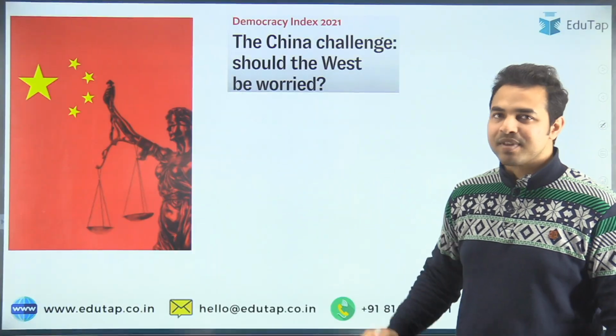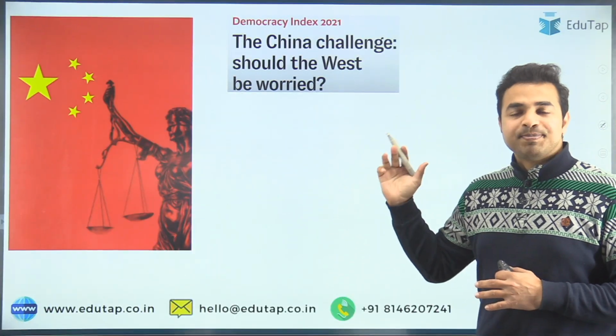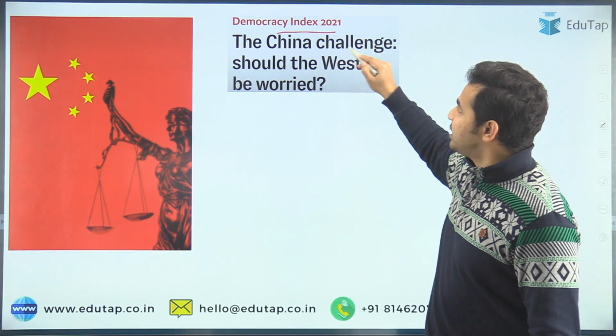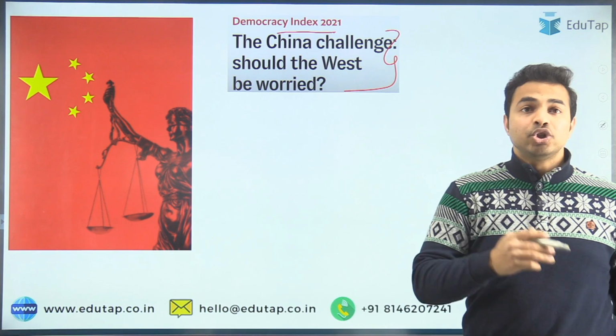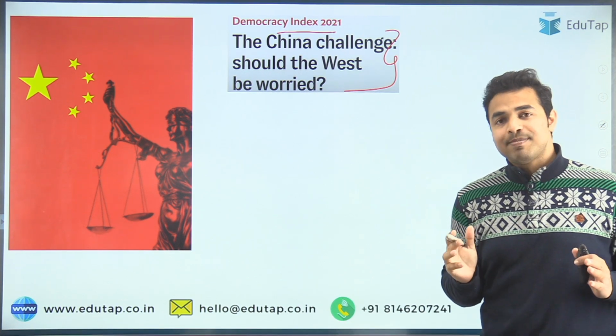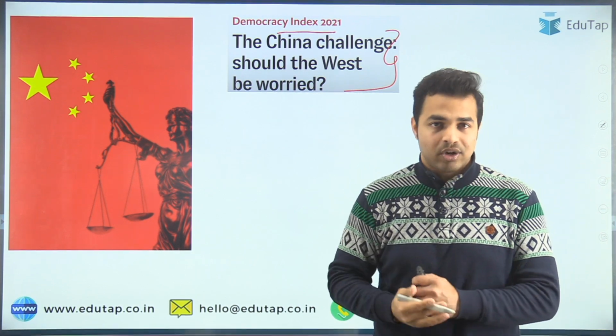Let's get started. When we talk about this particular report, it has been titled the Democracy Index, the China Challenge, Should the West Be Worried? This is the report which tells us about the state of democracy across the world.